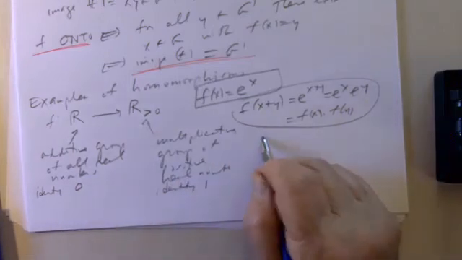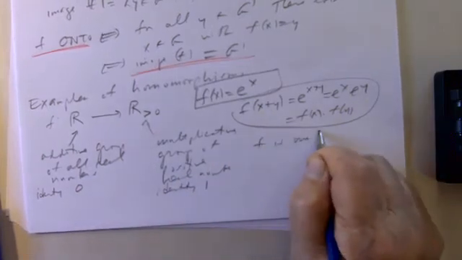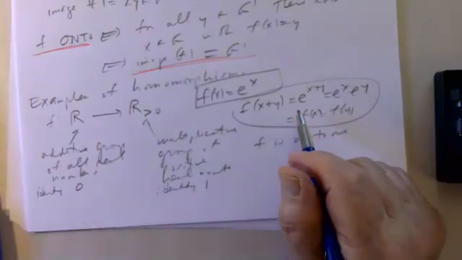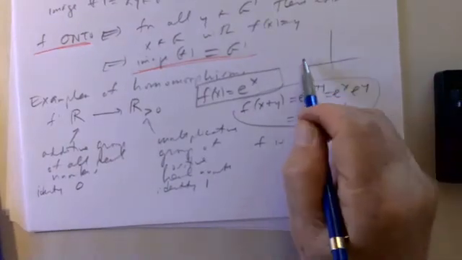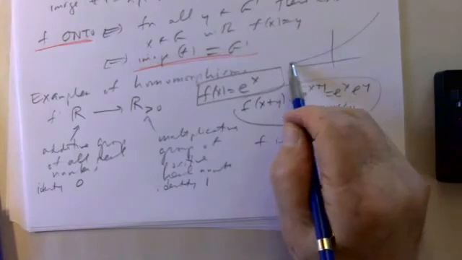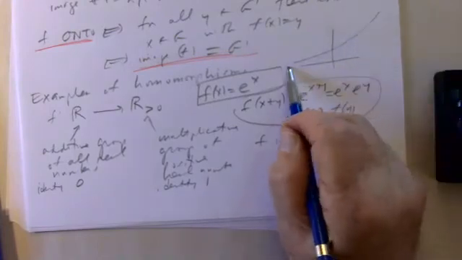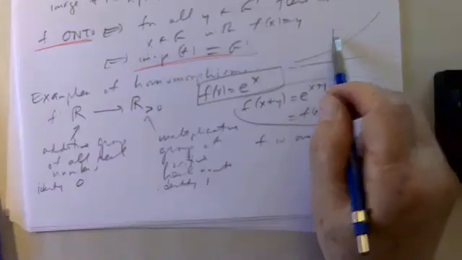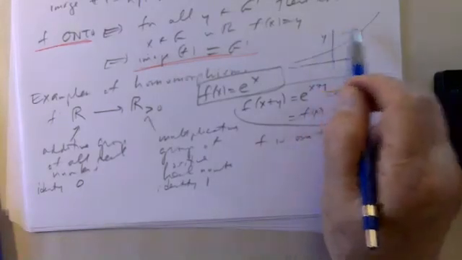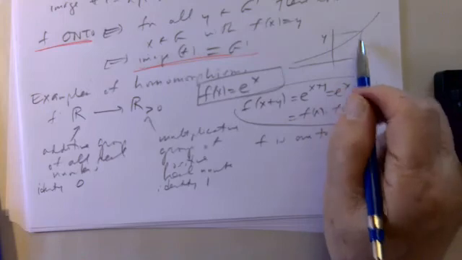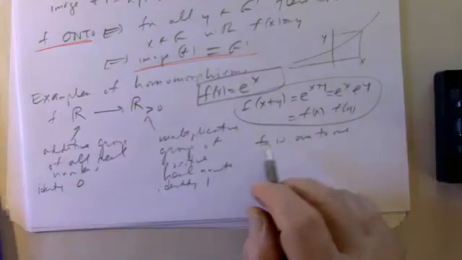And you can also check f is 1 to 1. Well, you learned that in calculus because the derivative of the exponential function is the exponential function, which is positive, so the function's always increasing. That's what the graph looks like. Take any positive real number y, there's always some x where e to the x is equal to y.